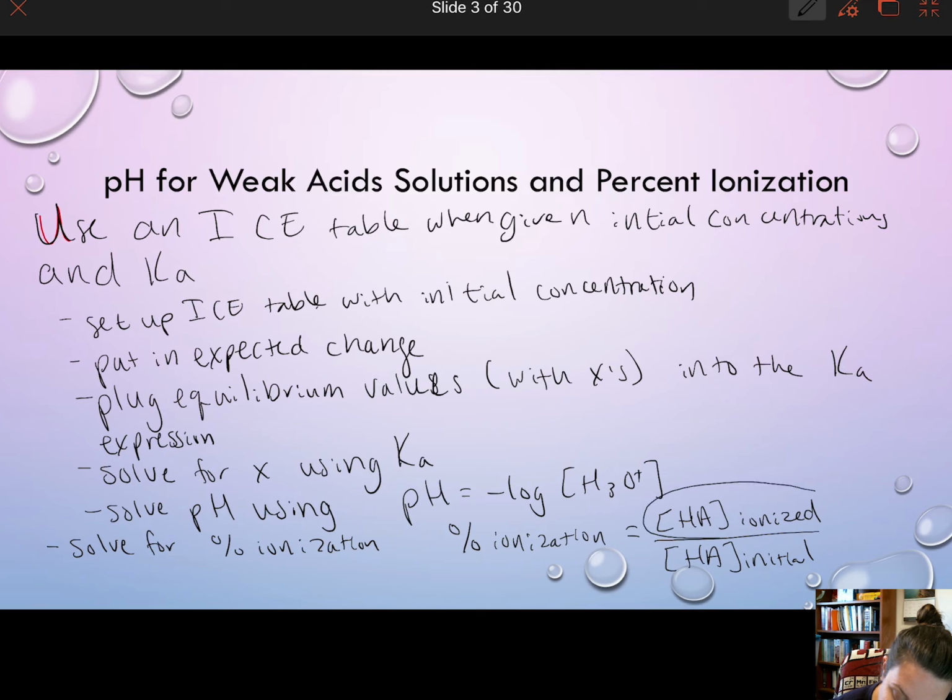This can generally be determined by taking our hydronium concentration if we have a monoprotic acid.